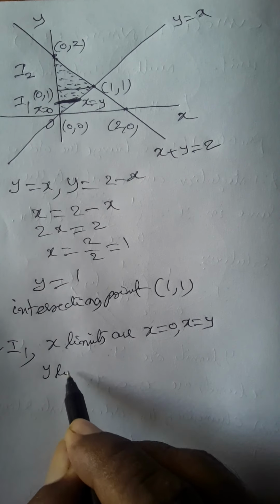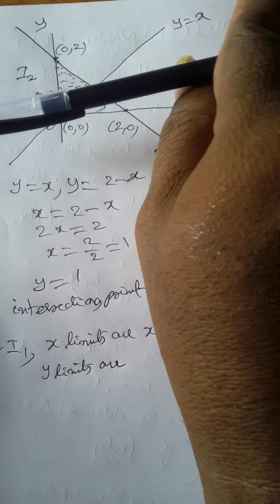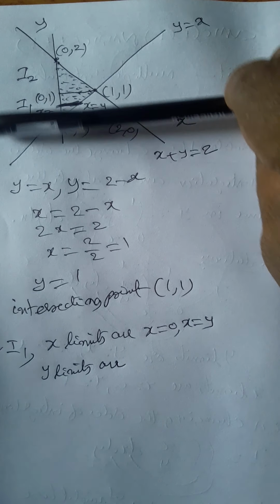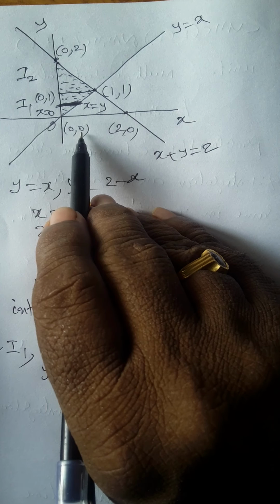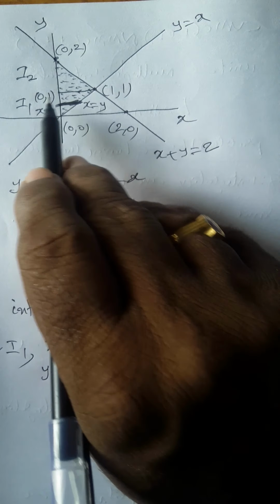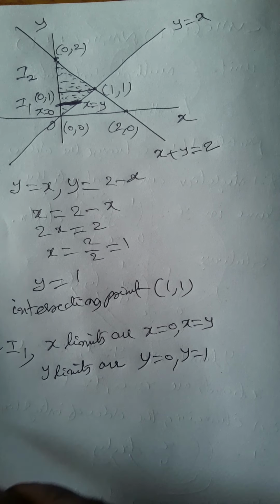Y limits: to cover the below region, I1 region, we move the strip along the y-axis. So y limits are 0 to 1, y is equal to 0, y is equal to 1.